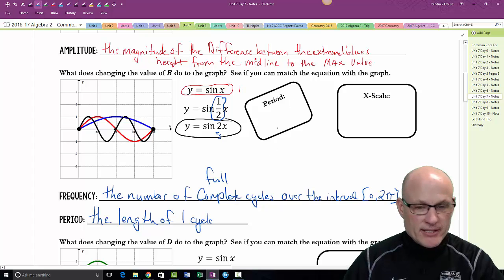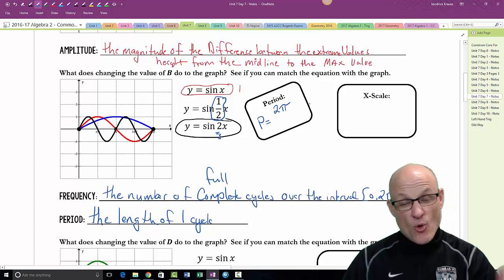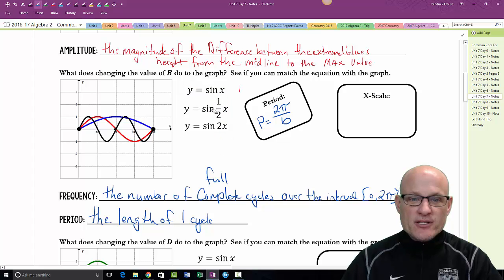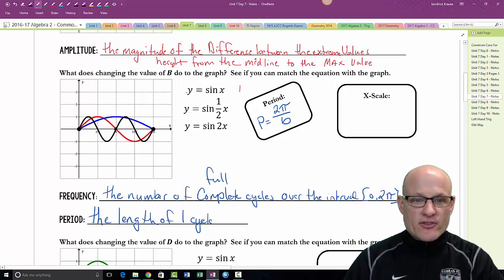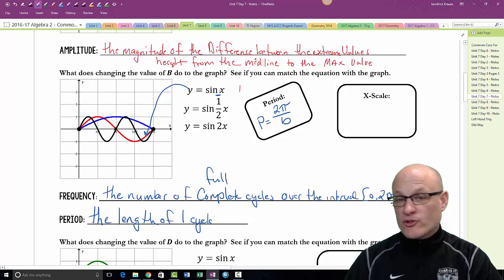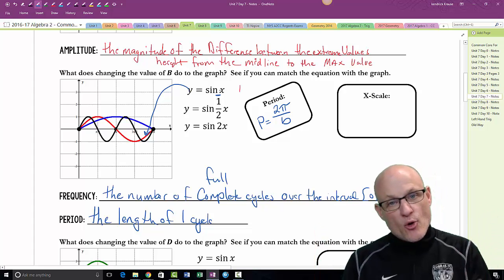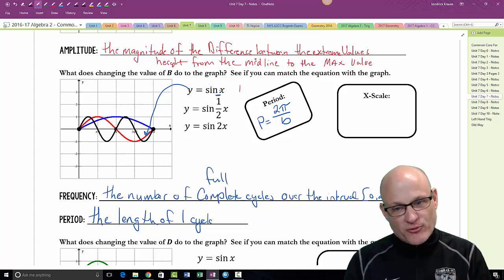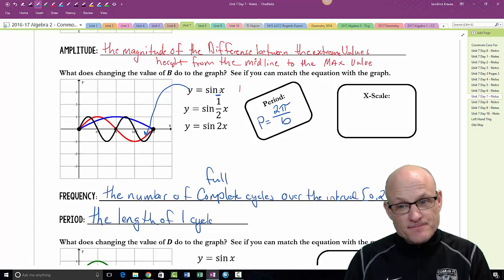So the period is equal to 2 pi, which is the length normally of one full cycle, divided by b. If the red one is the sine, notice b is 1. So 2 pi over 1 would just be 2 pi. So the normal period without any transformations is 2 pi.